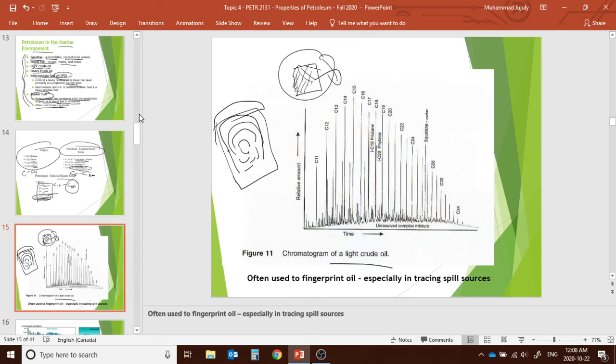For instance, this is a chromatogram of a light crude oil. Here you'll see the maximum portion of the crude is the lighter components. We have the maximum portions of the lighter components and less of the heavier portions. It is often used as the fingerprint of the oil, especially for tracing a spill.